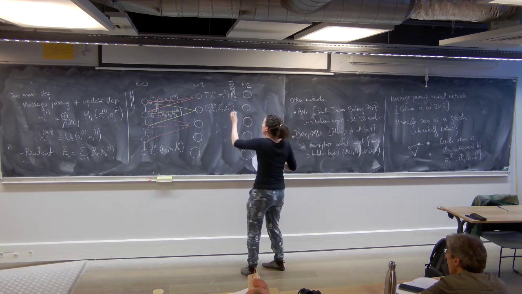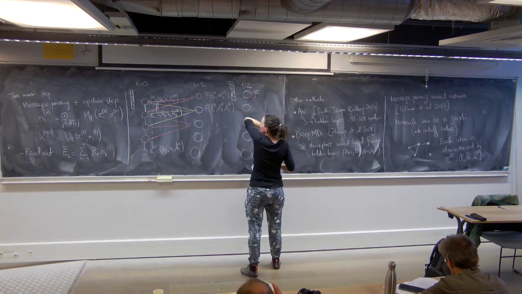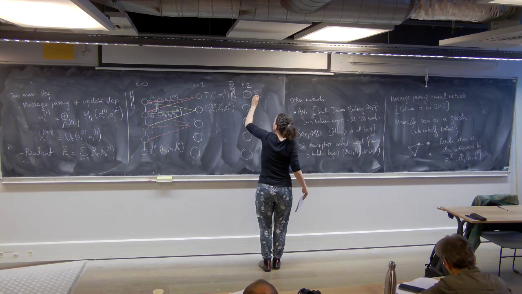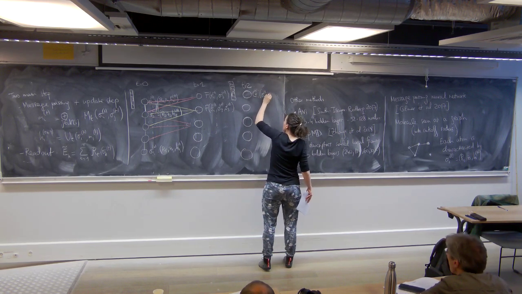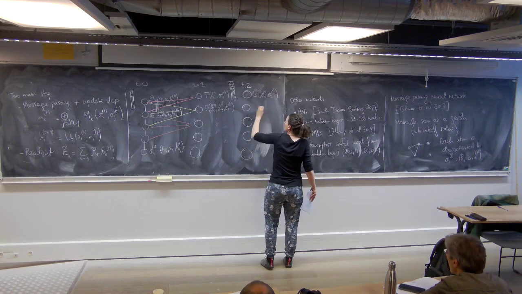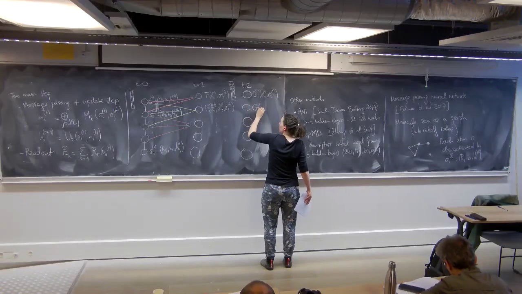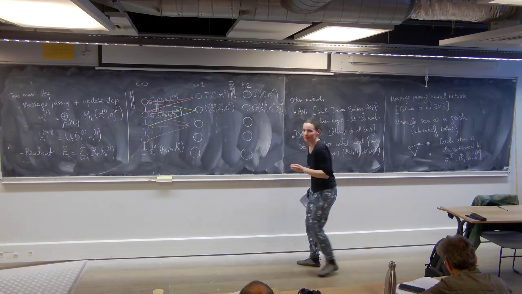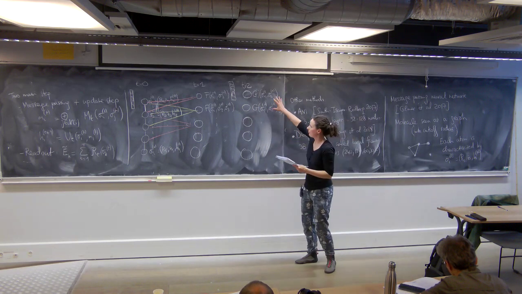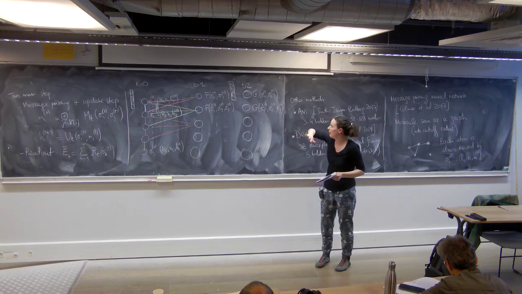So at the end, I will have G, maybe different from F, of sigma 1, 1, sigma 2, 1, sigma 3, 1, and so on.